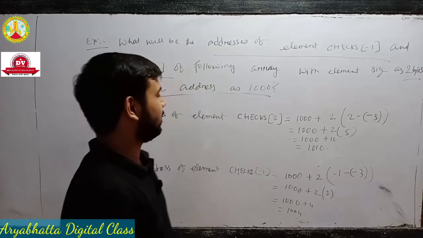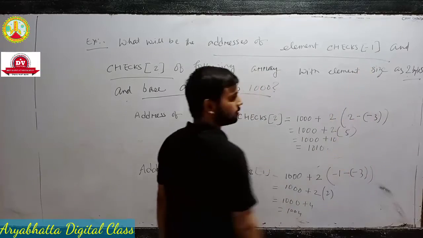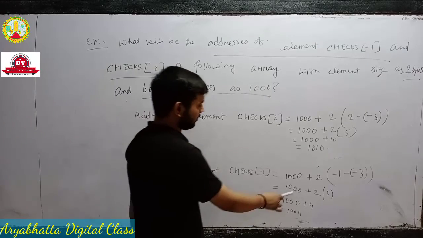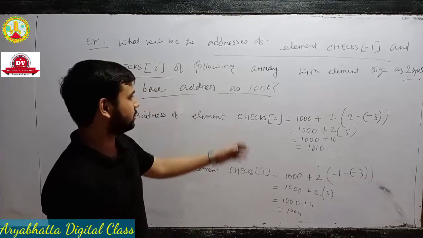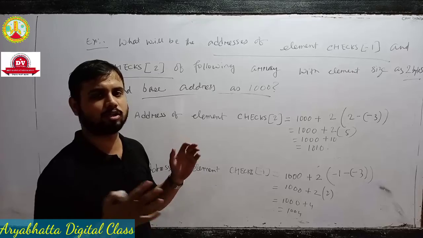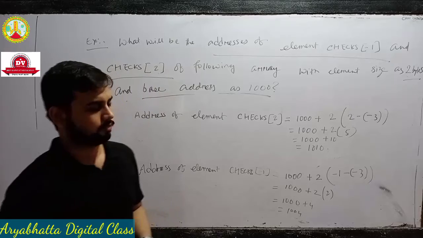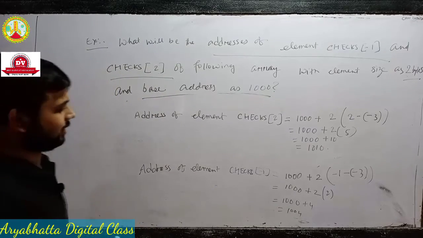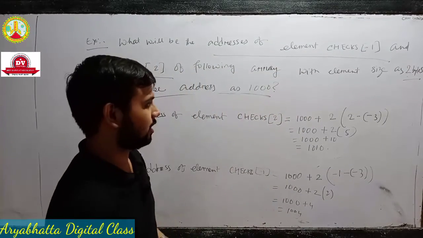Again I tell you, we have to find the address of the elements with subscript -1 and subscript 2. The base address is given as 1000. ES is the element size; this element is int, and the size of int, I already gave you the chart in first year, is 2, for float 4 and character 1. It is already given in the question.